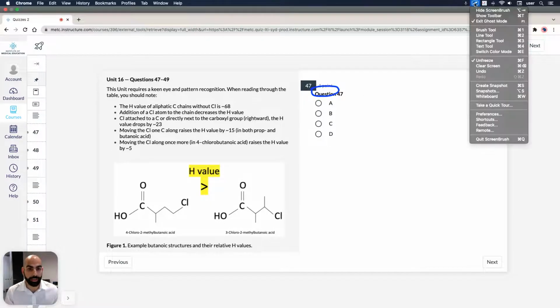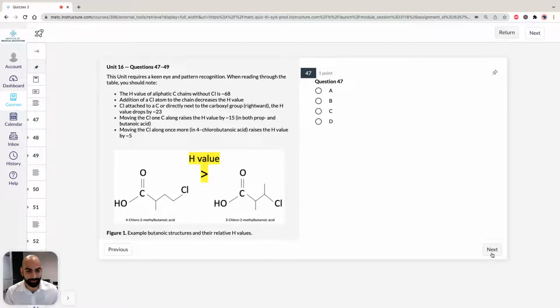Now if we take a look at question 48, it says, which of the following is most likely to have a value of H closest to 60.7? Remember, in the table, all our compounds that have a value of around 60 are the ones where the chlorine is at position 3.